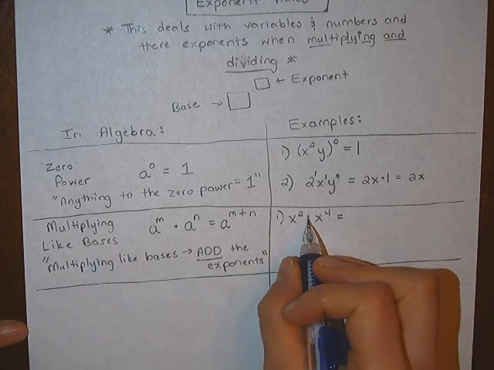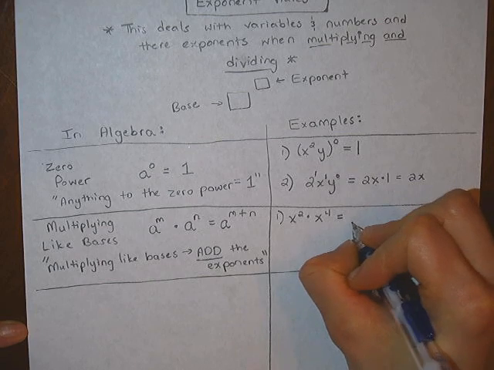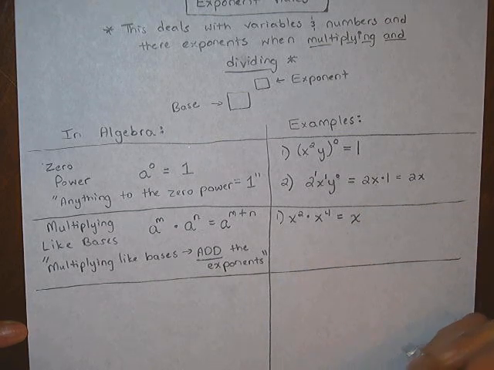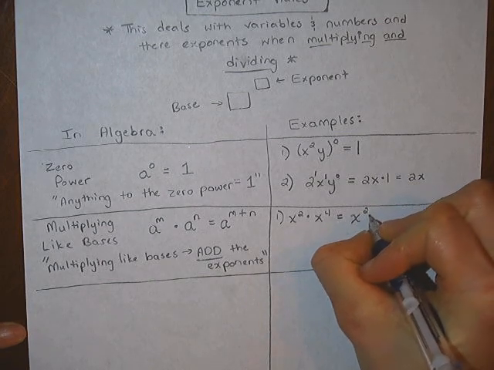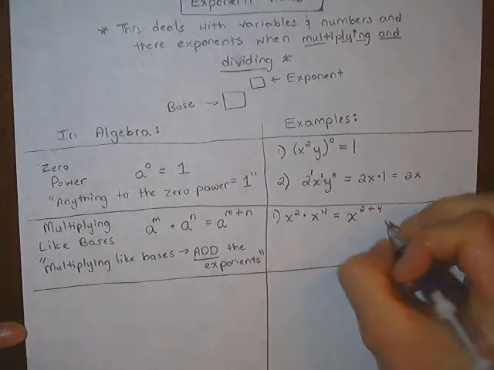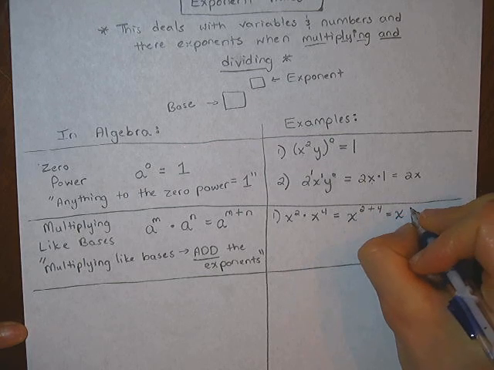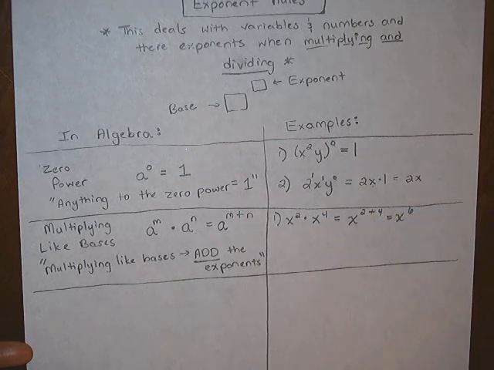And so since you're multiplying them, you simply add their exponents. So remember the base stays the way it is. And then you take their exponents, the 2 plus the 4. And then after you do that, it'd be, well, 2 plus 4 is 6. So it'd be x to the 6th.